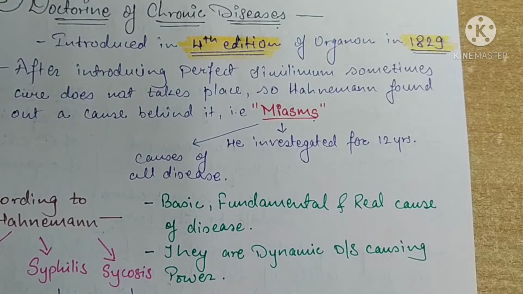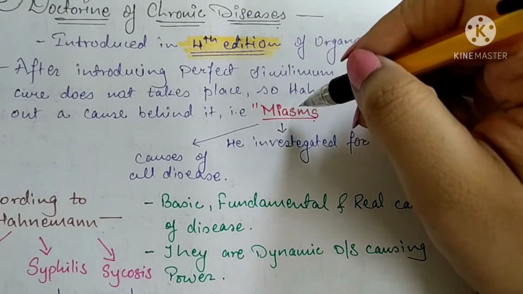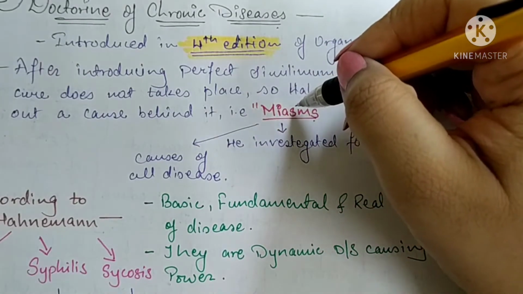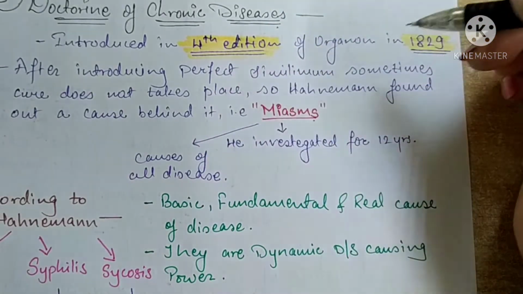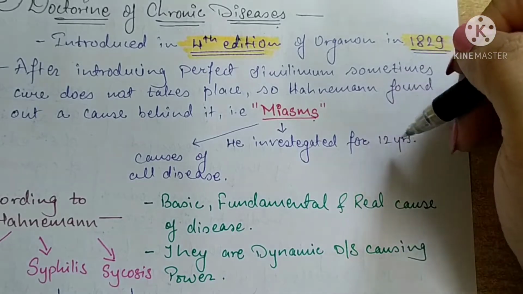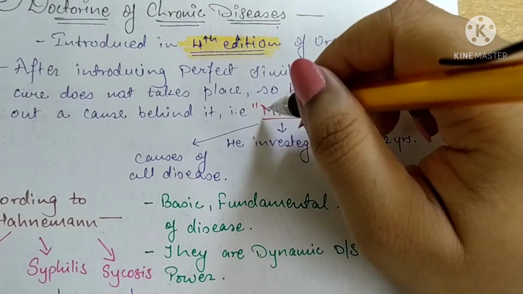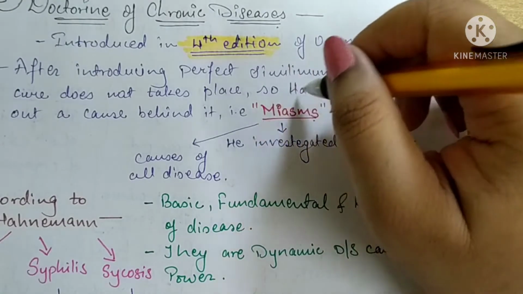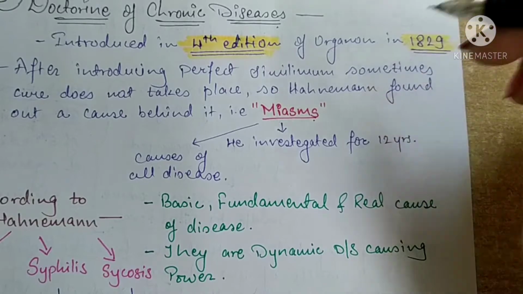So Hahnemann found out a cause behind those symptoms, and the cause was miasms. He investigated this cause behind this kind of symptoms for 12 years, and finally he found the cause behind all disease, that is miasm. This is the only cause behind all kinds of diseases.